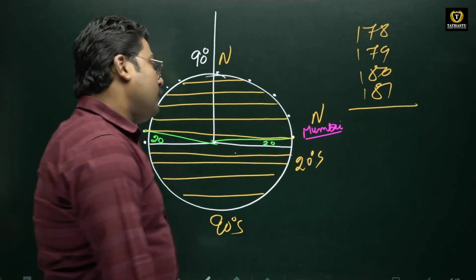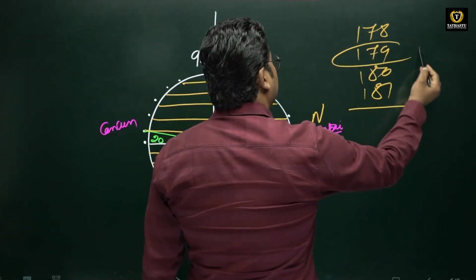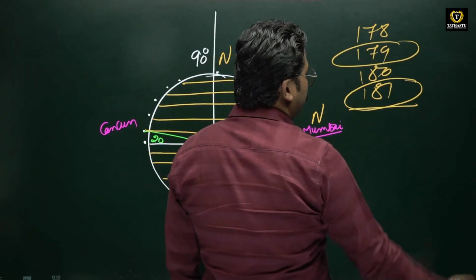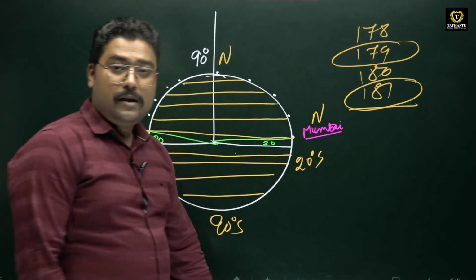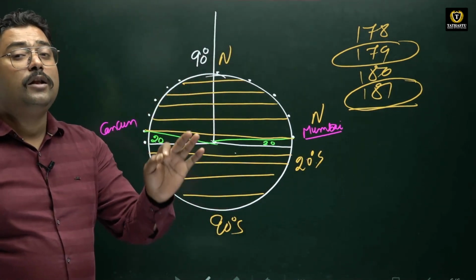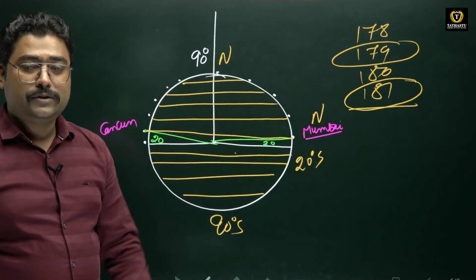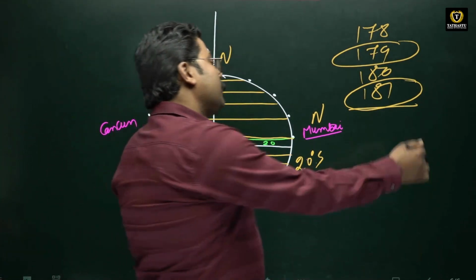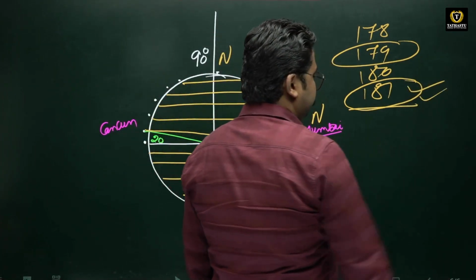So many of you have given the answer 179 and many as 181. And the question was total number of latitudes. So the answer is 181.